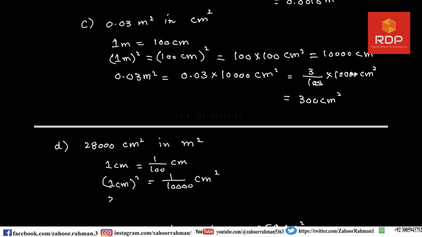Now because we want to convert this 28,000 centimeter square into meter square, we will write 28,000 divided by 10,000. These three zeros will be cancelled with this one, and when we divide 28 by 10, we will get 2.8 meter square. So this is the answer.